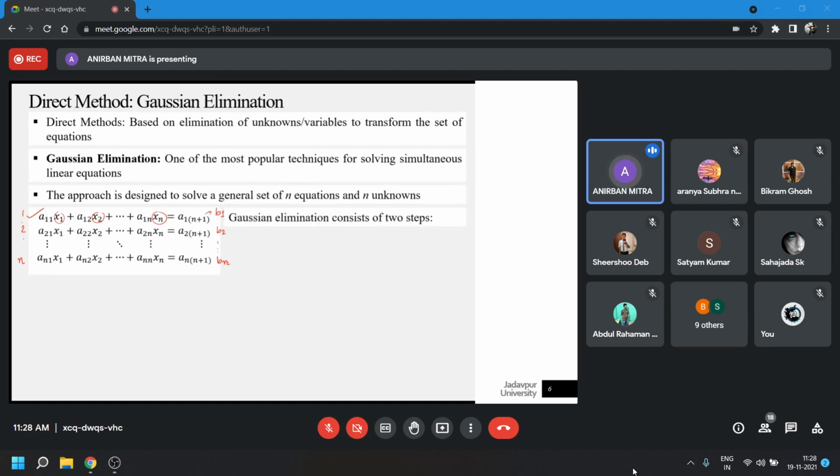Now this Gaussian elimination technique consists of two steps. First, there is forward elimination. Then there is the second step, which is backward substitution. But before we go on to that, let me also mention that this set of equations can be represented in matrix form. How can we do that?